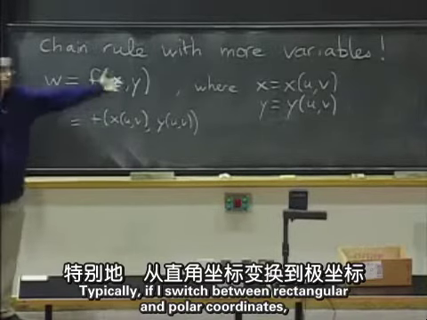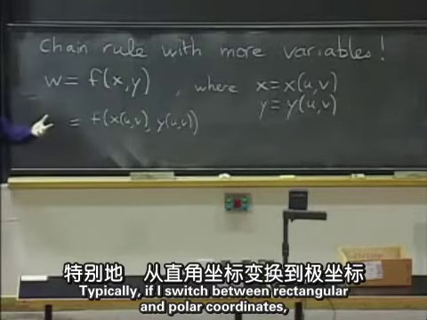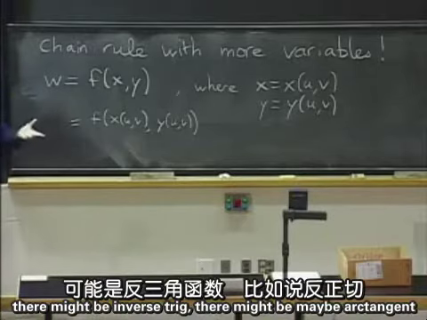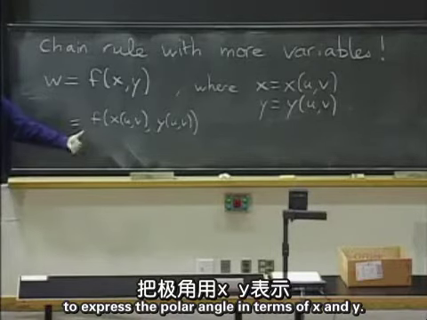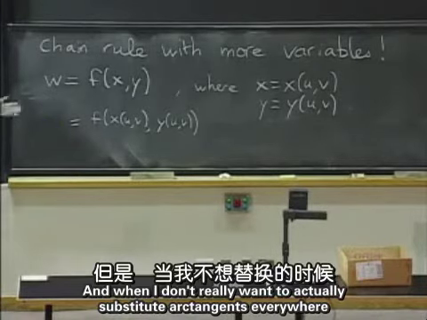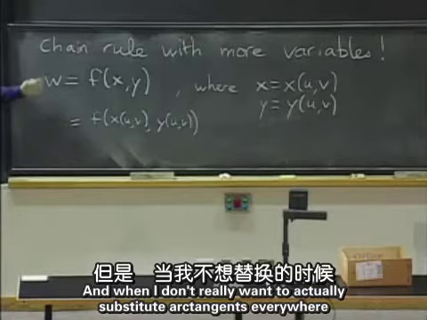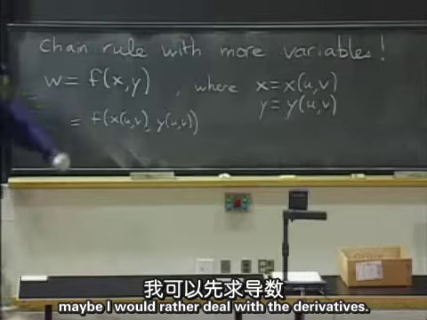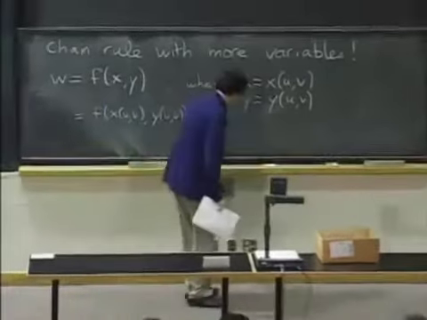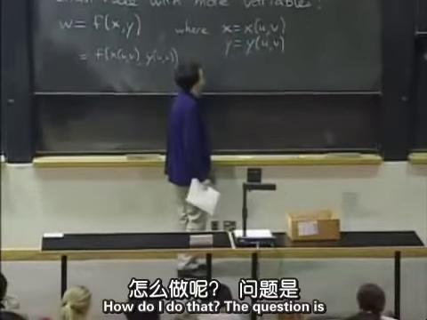Typically, if I switch between rectangular and polar coordinates, there might be inverse trig. There might be maybe arctangent to express the polar angle in terms of x and y. And then I don't really want to actually substitute arctangents everywhere. Maybe I'd rather deal with the derivatives. So how do I do that?